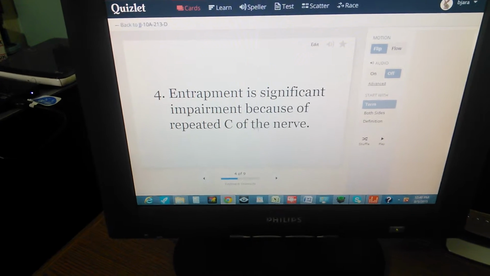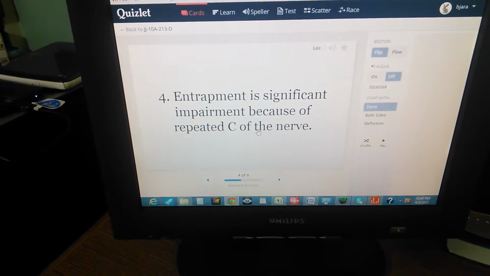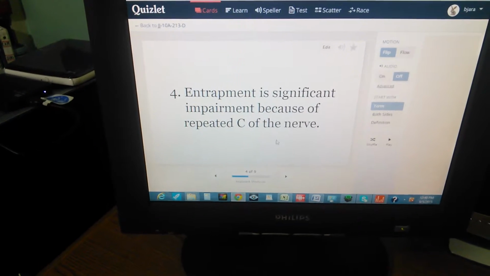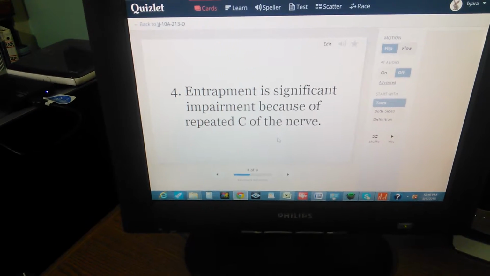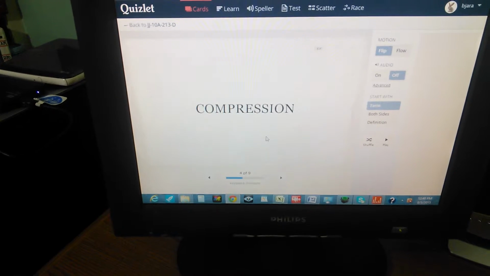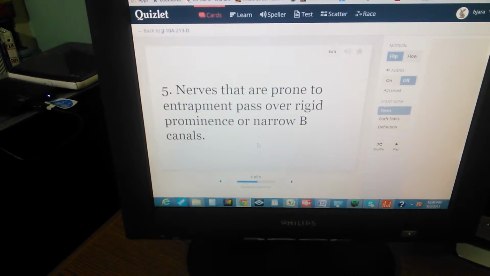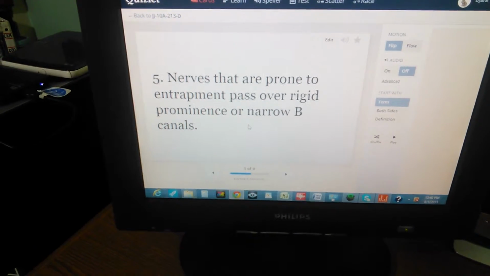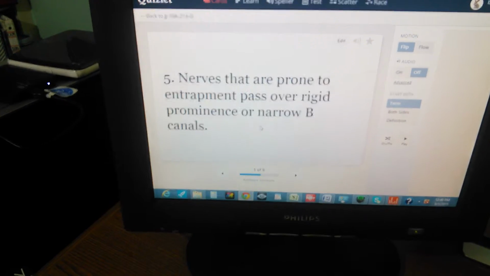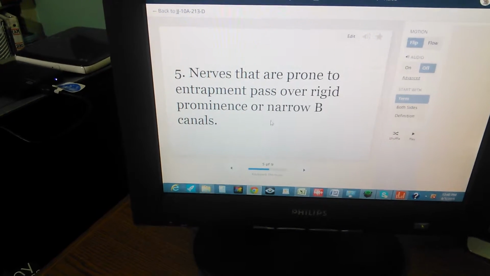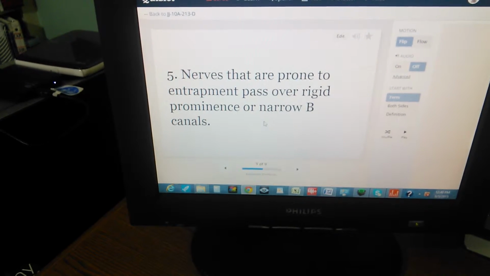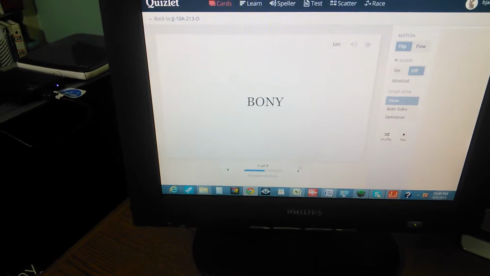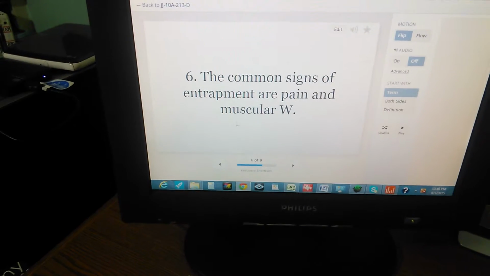Okay. Entrapment is significant impairment because of repeated C of the nerve. Compression. Nerves that are prone to entrapment pass over rigid prominence or narrow B canals. Bony canals. Okay, now we're going to switch.